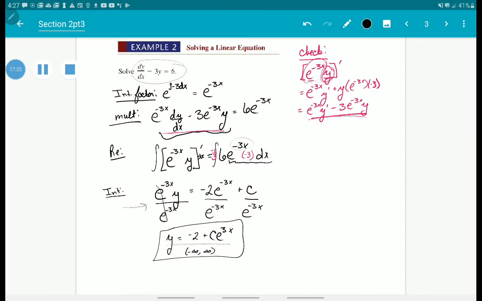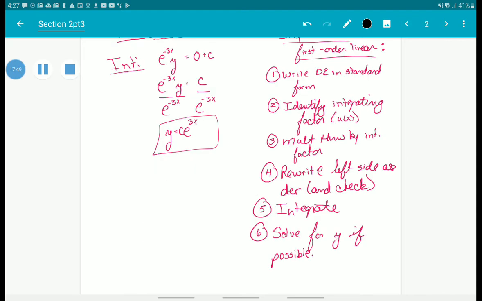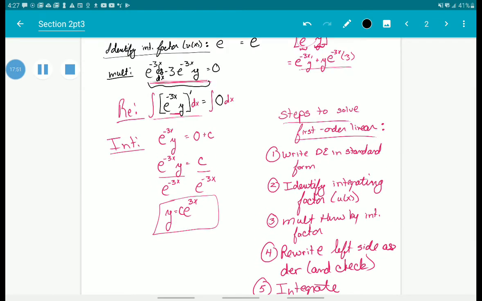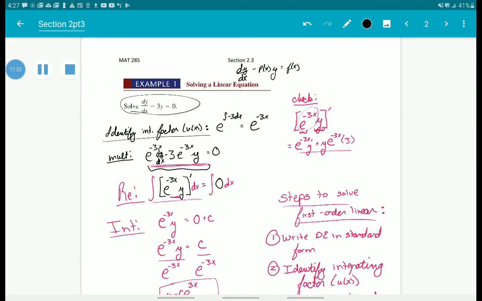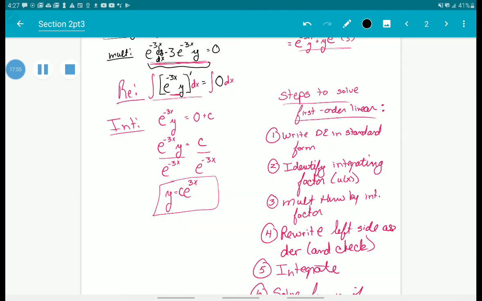Even when we were dividing everything by e to the negative 3x, we know exponential functions in that form are never 0. So there's no exclusions, which means that this would be fine everywhere. The solution is valid on all real numbers. And in fact, the same thing is true over here with this one. We could say that the solution was valid from negative infinity to infinity.